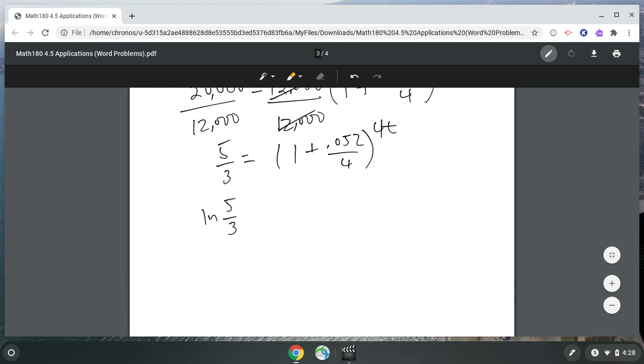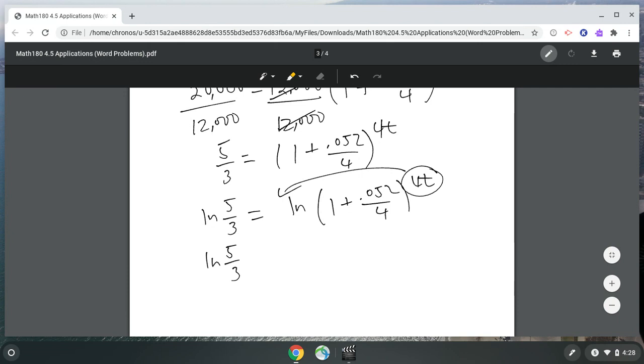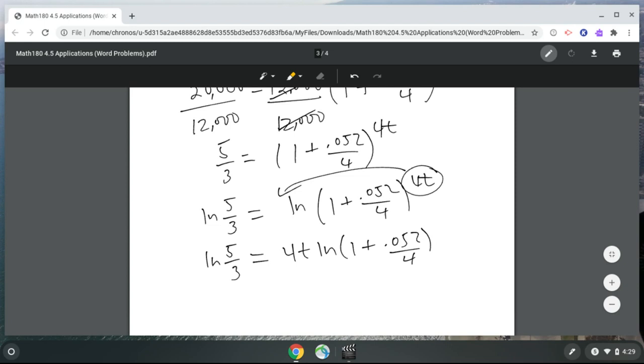So I'm going to do this one to both sides. And then that allows me to bring the exponent down to the front, so 4t times ln of whatever this turns out to be. Here is t squeezed in the middle, but that's all multiplication.